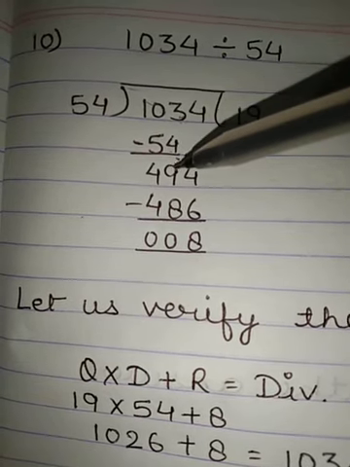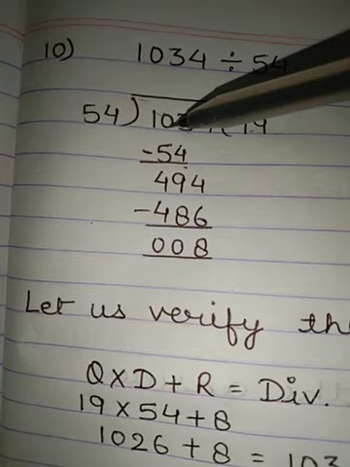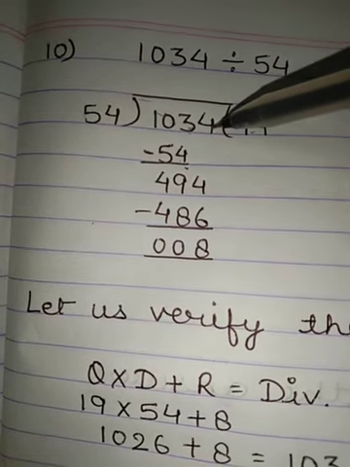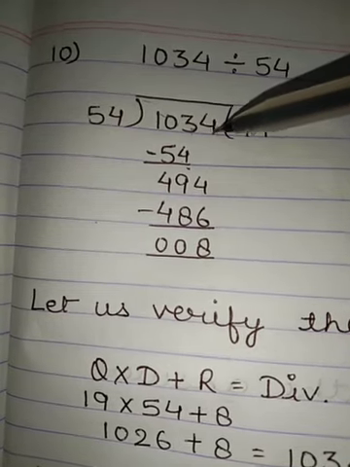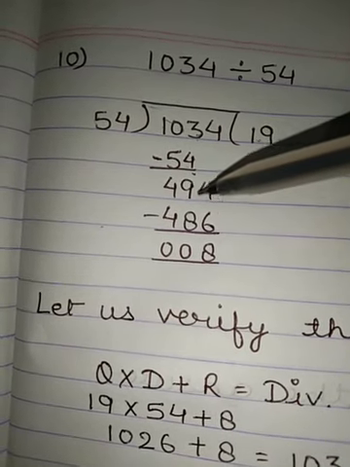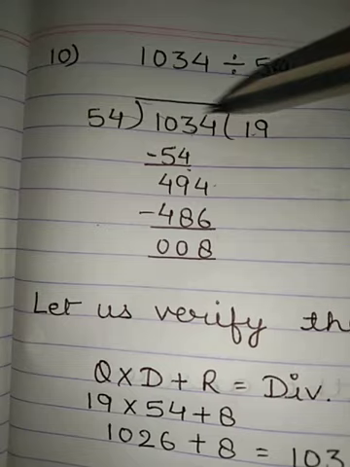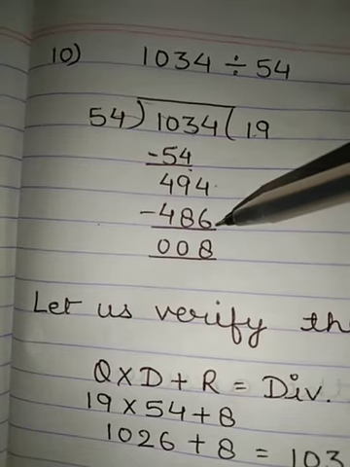So 13 minus 4 is 9 and 9 minus 5 is 4, and we will copy 4. It is the last digit of the dividend, so we will copy 4 from here, it will become 494. Now 54 9s are 486.